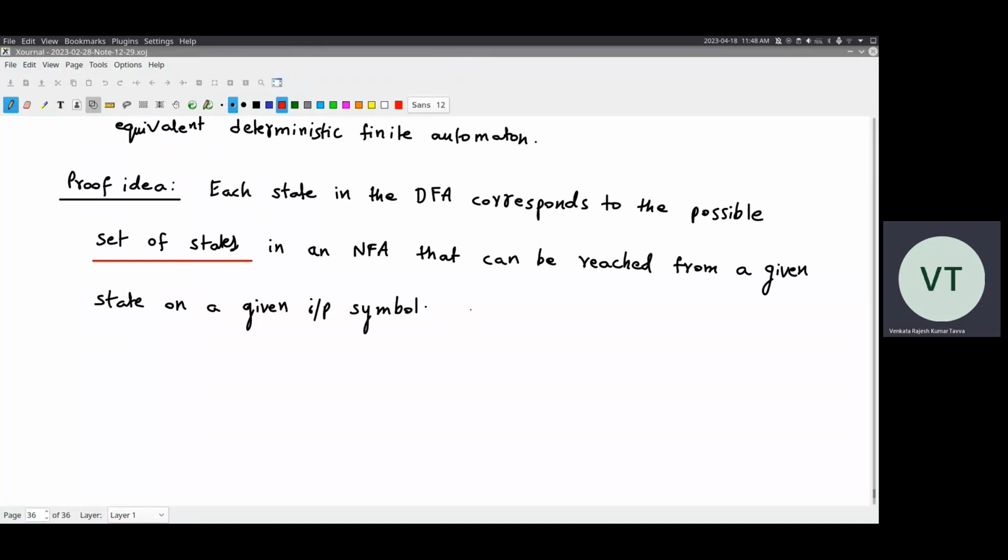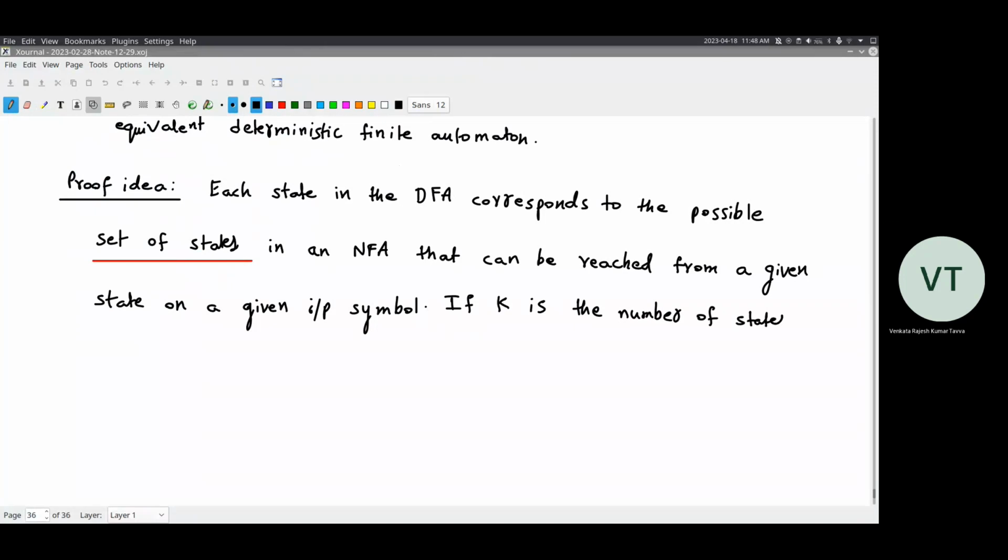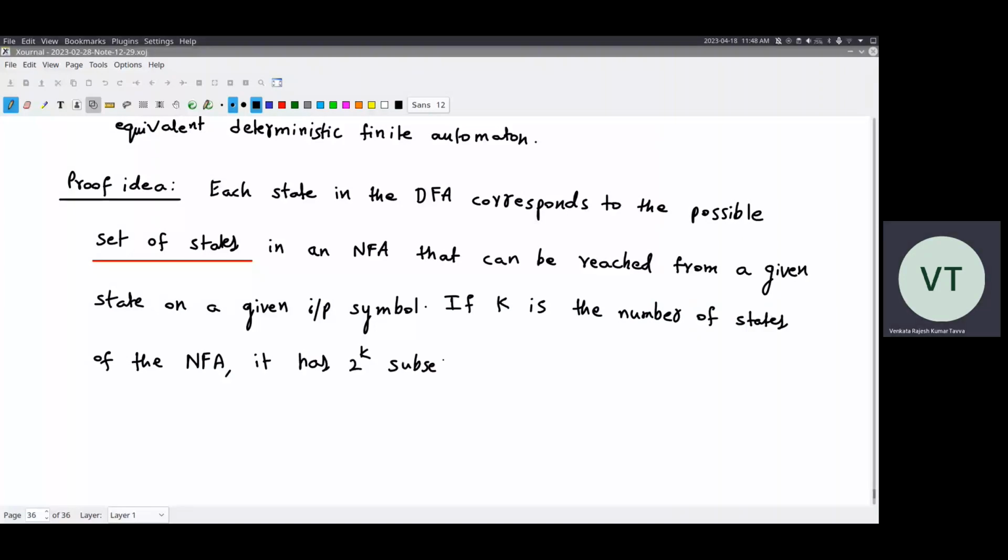Okay, so if K is the number of states of the NFA, it has 2 power k subsets of states.